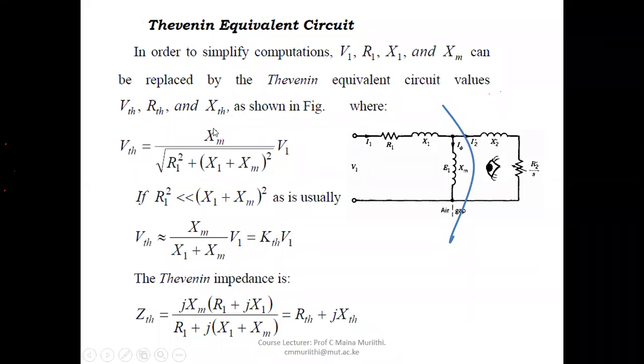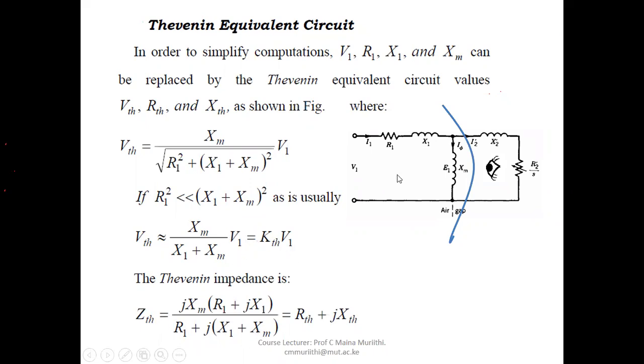And this you can easily see by using what we call the voltage divider rule. And since R1 squared is much less than X1 plus Xm squared in this equation here, then it is possible to approximate the value of the Thevenin voltage as this.